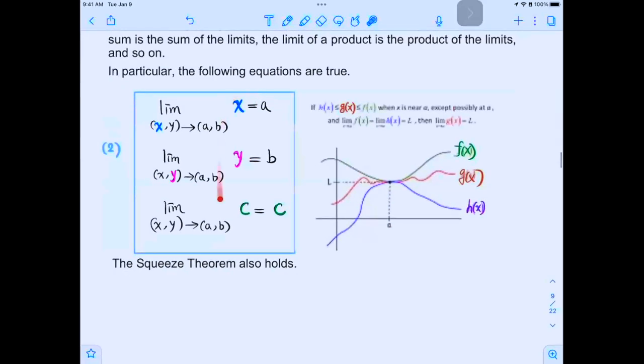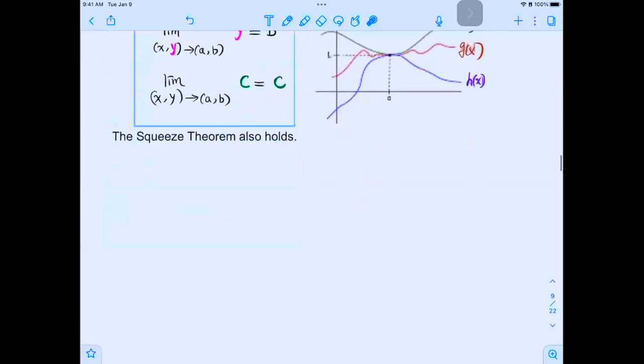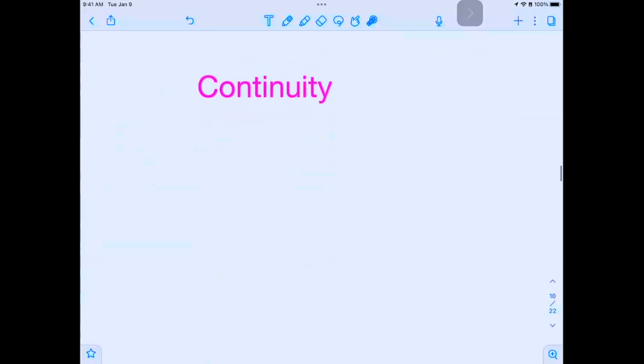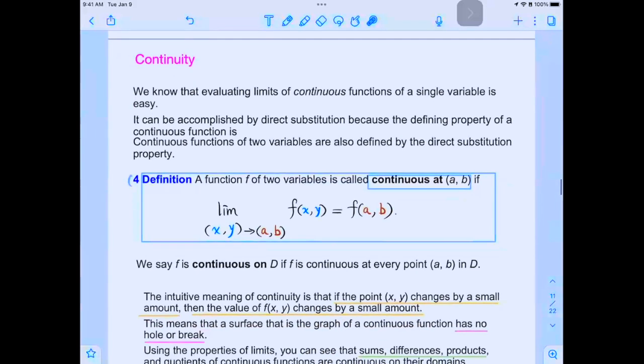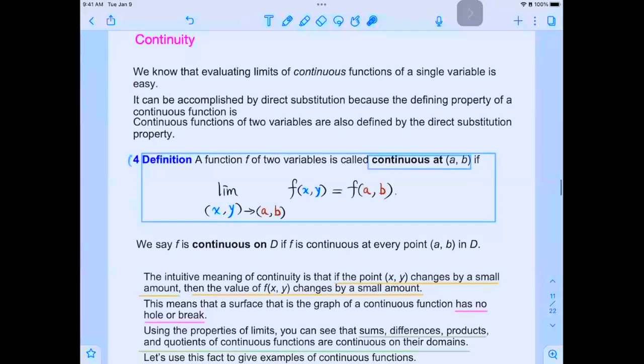Now, because of these three equations over here, later on we can talk about what types of functions will be continuous. What's the definition of continuous? Do you guys remember? What does it mean for a function to be continuous at a?